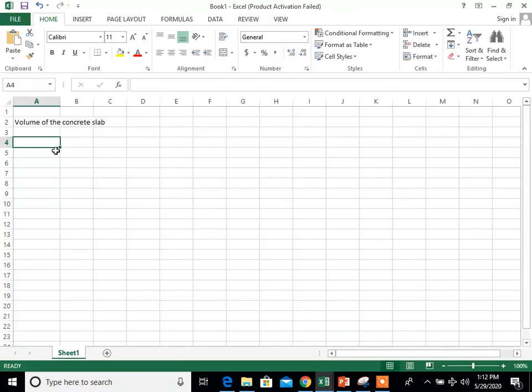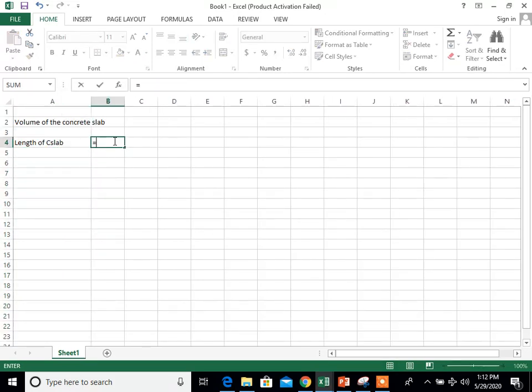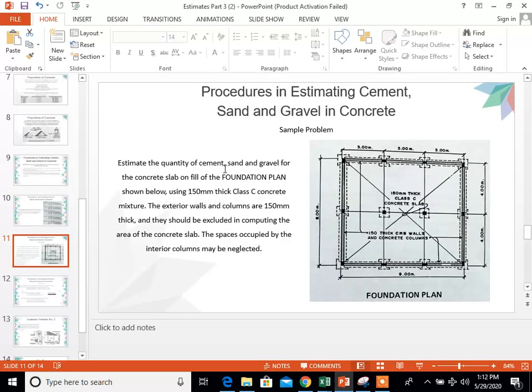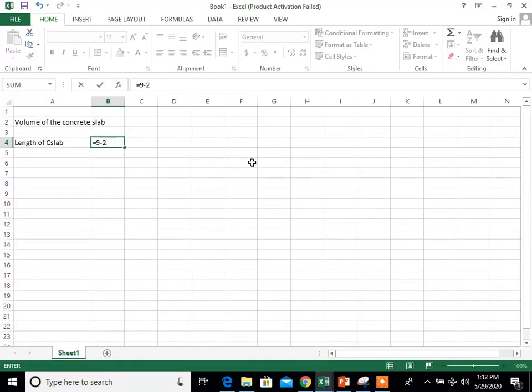So for the length of the concrete slab, it is equivalent to 9 meters minus the thickness of the wall, since it's center to center spacing, minus 2 times 0.15. So, here is the new length of the concrete slab, in meters.